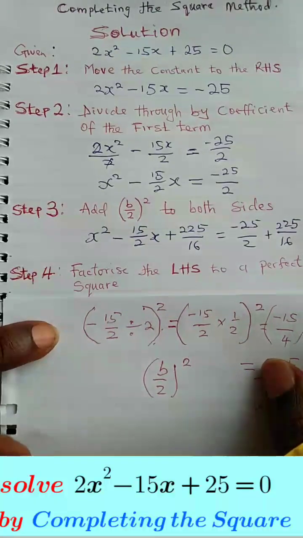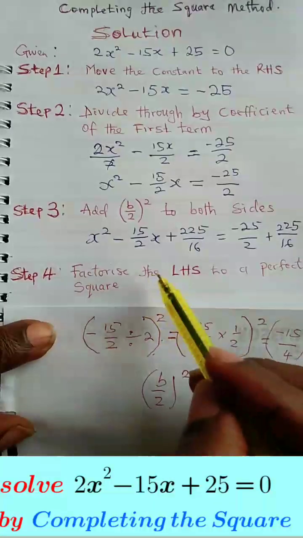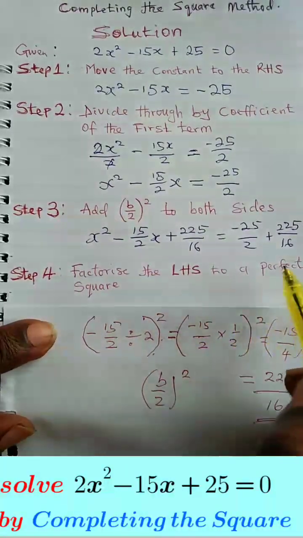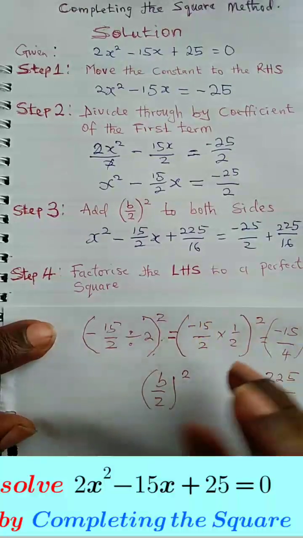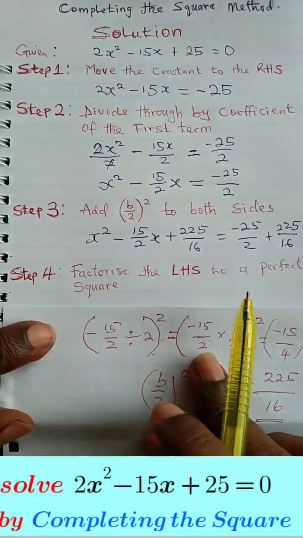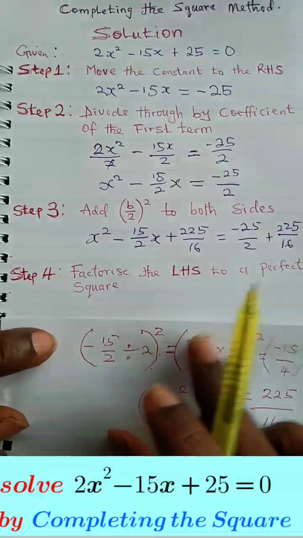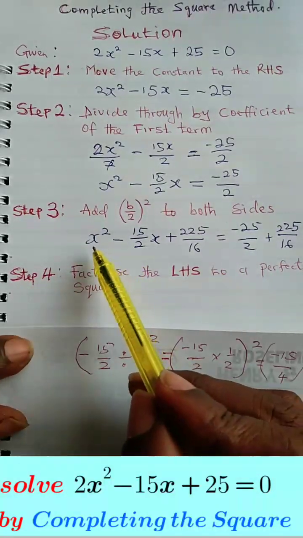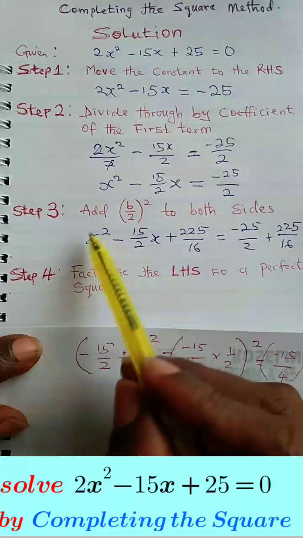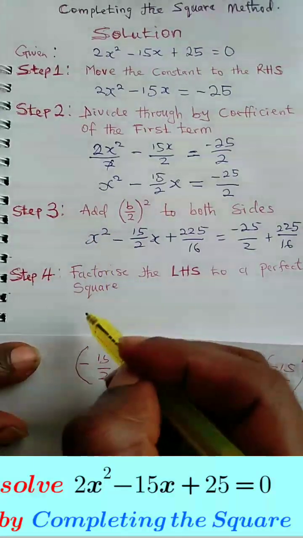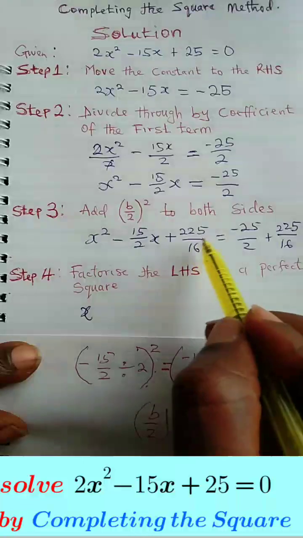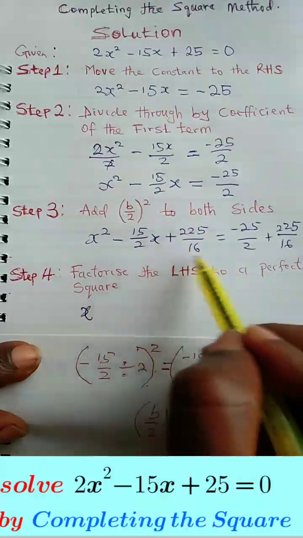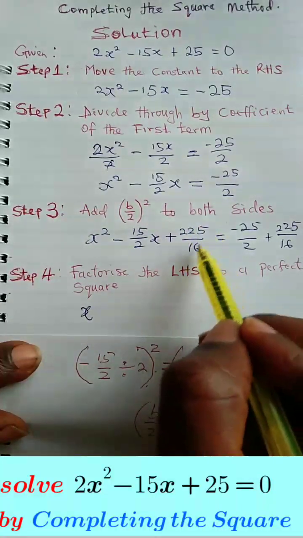Step 4 says we should factorize the left-hand side to a perfect square. Now, how do you factorize to a perfect square? It's very easy. We are going to take the square root of the first term: the square root of x squared here is x. Then take the square root of the last term, 225 over 16.